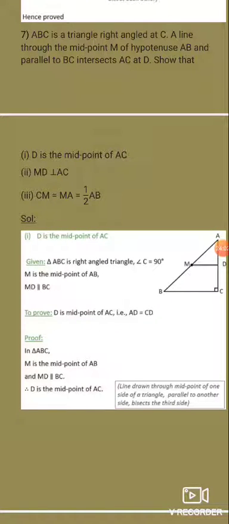For that, given triangle ABC is a right angled triangle, right angled at what? C. So angle C is 90 degrees. M is the midpoint of AB and MD is parallel to what? The side BC. We need to prove D is the midpoint of AC. That is, we need to prove what? AD is equal to CD.